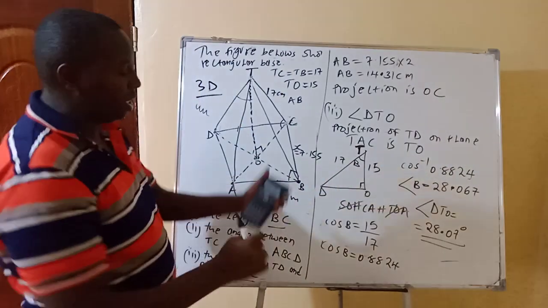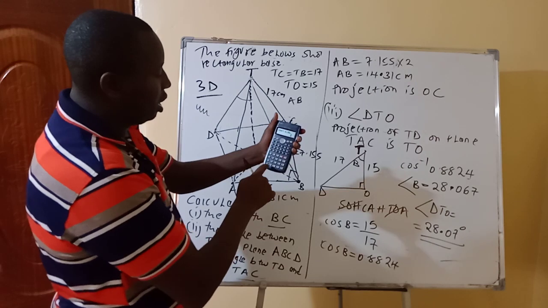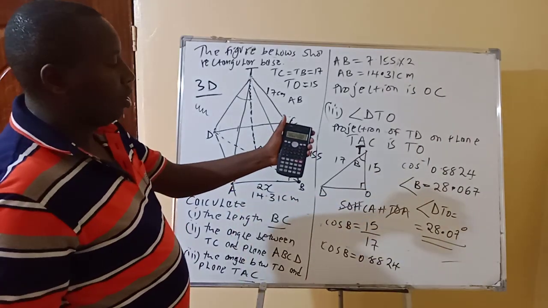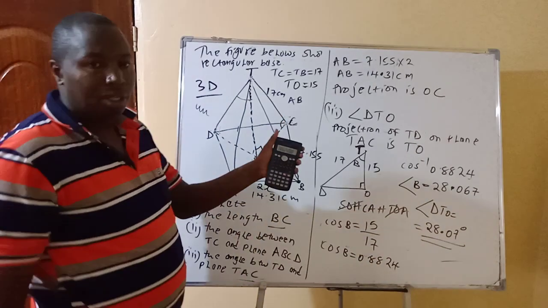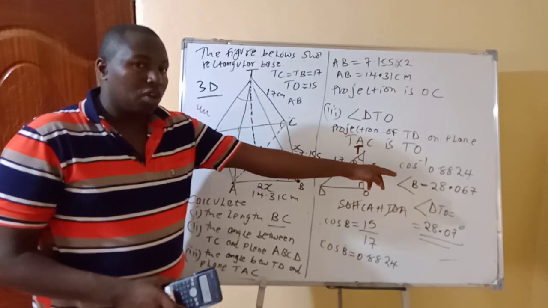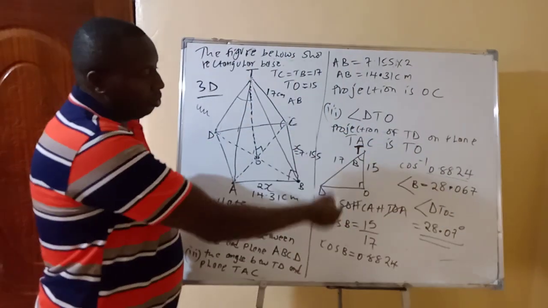Using your calculator, press shift cos 0.8824, and you get the correct answer, 28.07. You can also use the mathematics table to check the cos inverse.